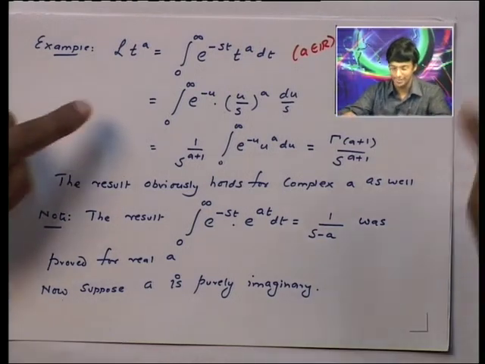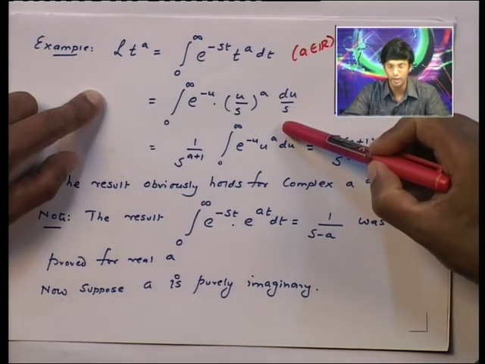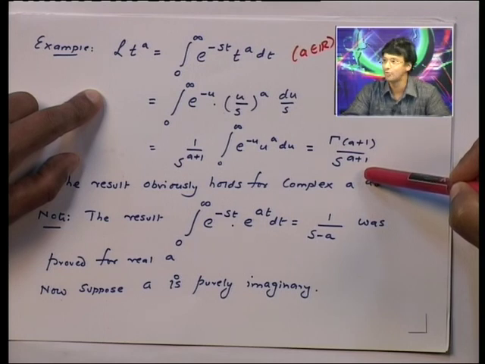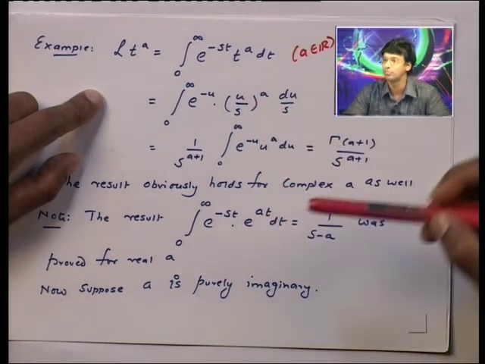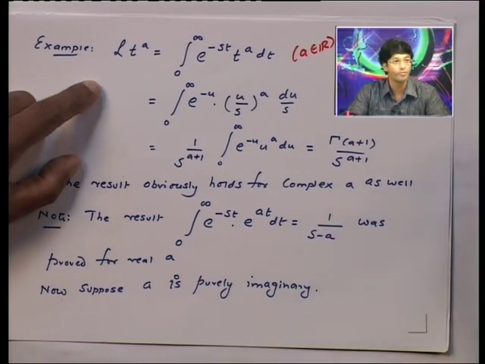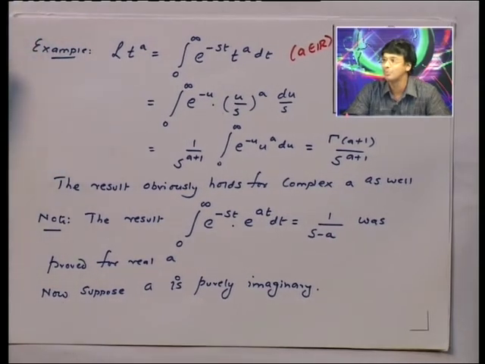Whereas in the other case, Laplace of t to the power a equal to gamma of a plus 1 upon s to the power a plus 1, there also we assumed a is real, but it is obvious that the result is true for complex a because the proof goes through. Why? Because the change of variables is real, st equal to u, there is no problem, s is real, t is real and u is real.